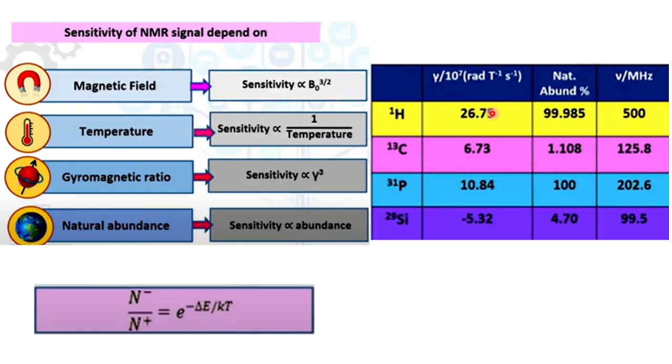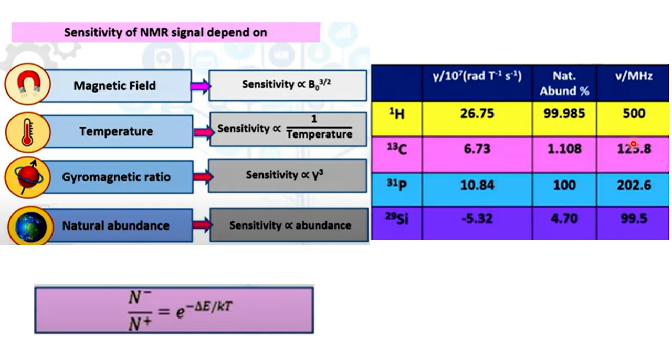And this is the gyromagnetic ratio, gamma by 10^7. 1H is 26.75, 13C is a little bit less, 6.73, 31P is comparatively good, 10.84, and the radio frequency is 500 megahertz, so it is a little bit higher in case of 1H.